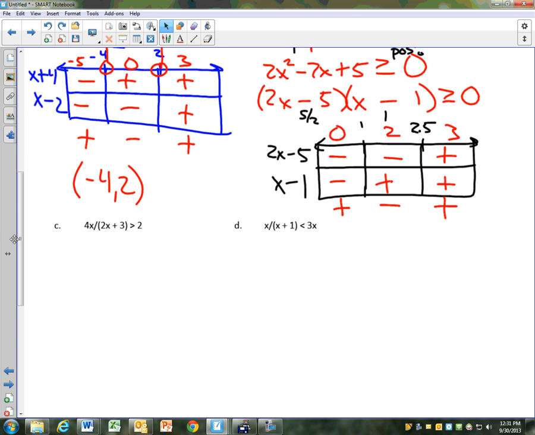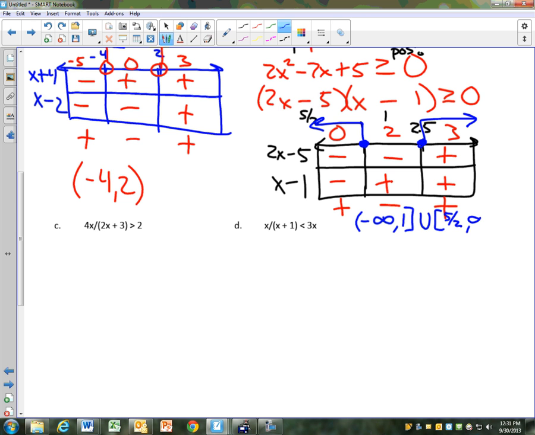And it's positive or equal to 0 over there and over here. So you can see from negative infinity to 1 unioned with 5 halves or 2.5 to infinity. Why did I have the bracket on that one? Yep, because you got the equal sign.